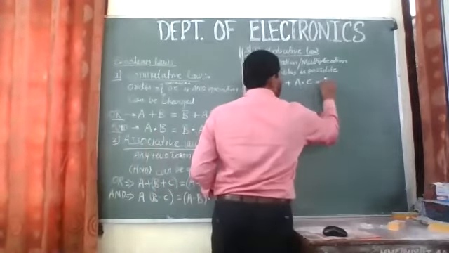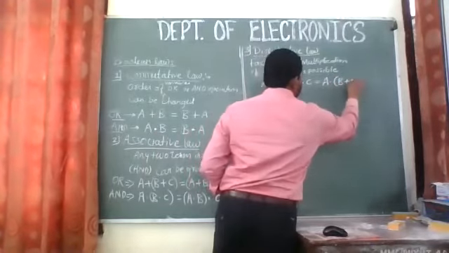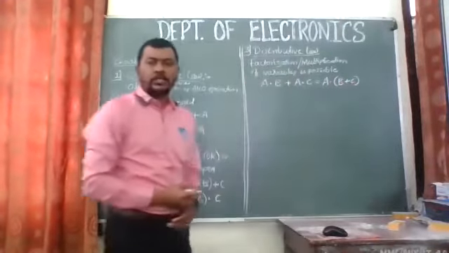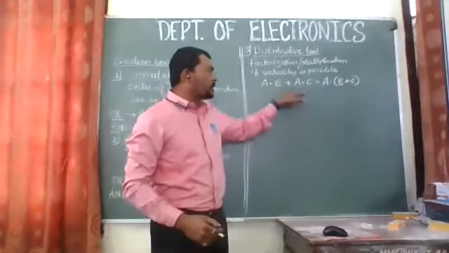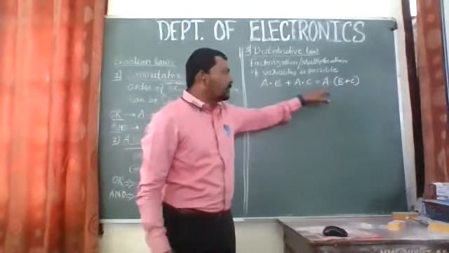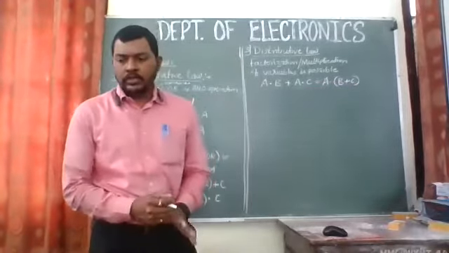This can be written as, A is taken common, A dot (B plus C). As we do in factorization, we have taken A as common. So A dot B plus A dot C can be written as A dot (B plus C), right?